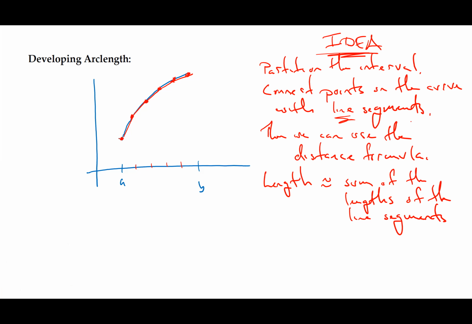So this first point here, I could call that the point A, f of A, or in a more partition-like language, x naught, f of x naught. And then this second point would be x1, f of x1.